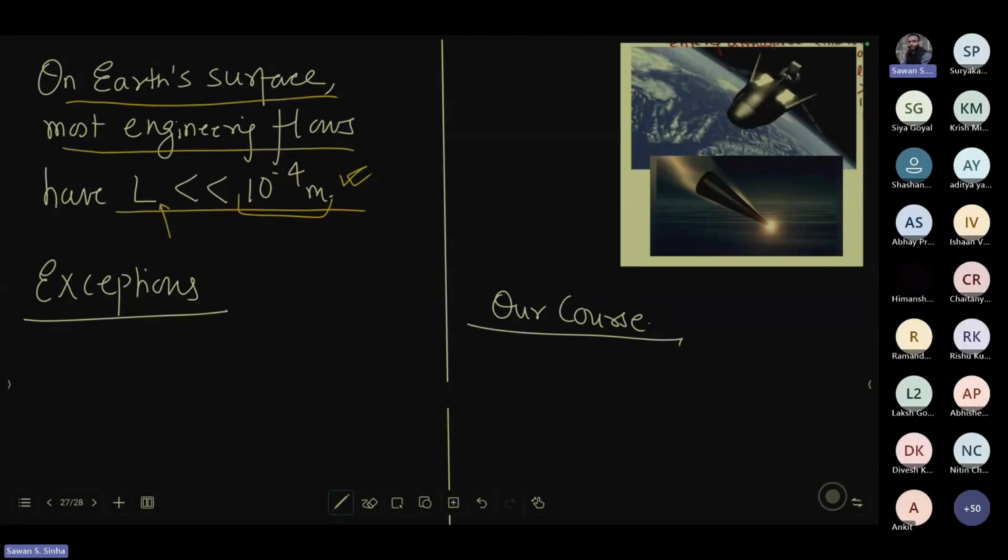In gases at room temperature near Earth's surface, the mean free path will also be much less than 10 to the minus 4, and that is why continuum is fine for flow of air past a building, flow of air past a car, flow of air past any other object near Earth's surface, flow of air past an aircraft flying, your commercial aircraft, still valid.